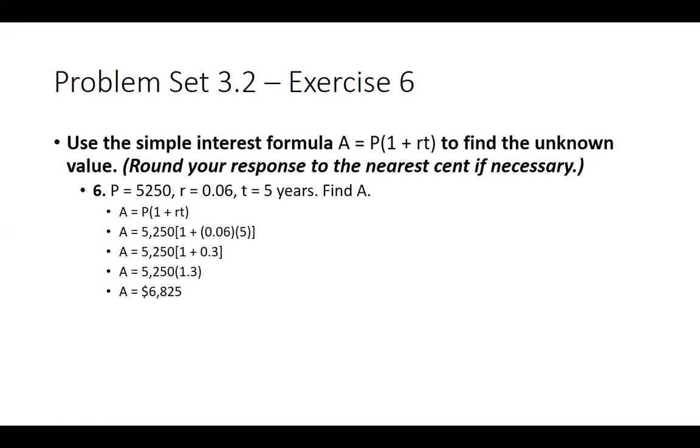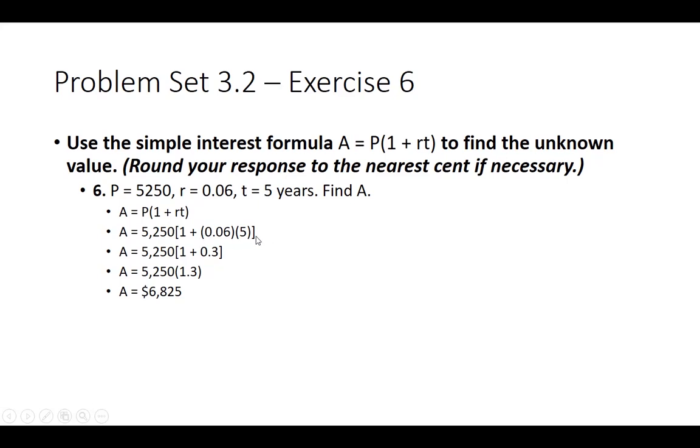Number 6, use the simple interest formula A equals P times 1 plus RT to find the unknown value. Round your response to the nearest cent if necessary. We're given P equals 5,250. R is 0.06. T is 5 years. We want to find A. So we write out our formula. A equals P times, in parentheses, 1 plus RT.